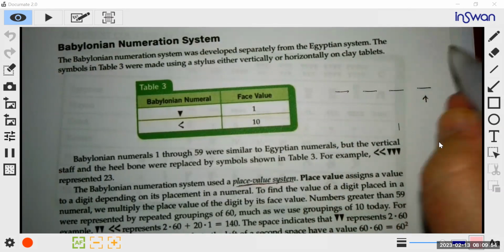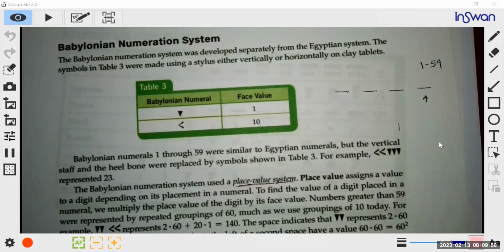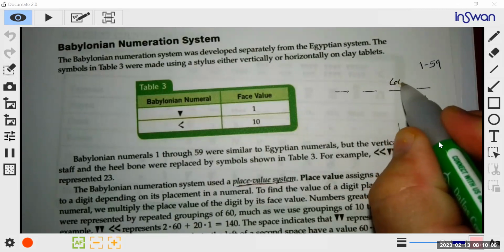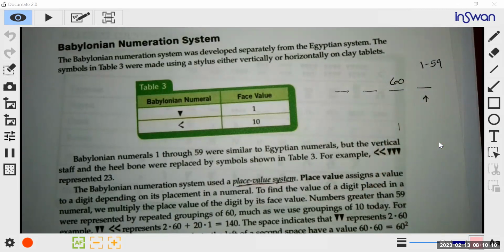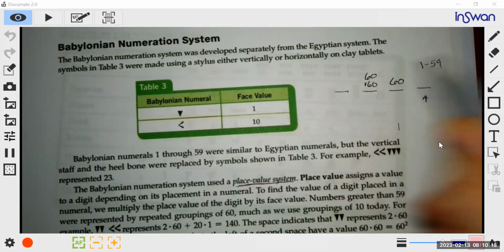So in this first place value were the numbers 1 through 59. The next one was the 60s place value. The next one was 60 times 60 place value.